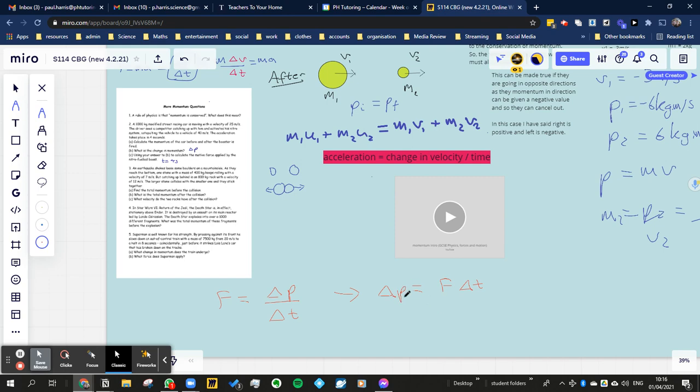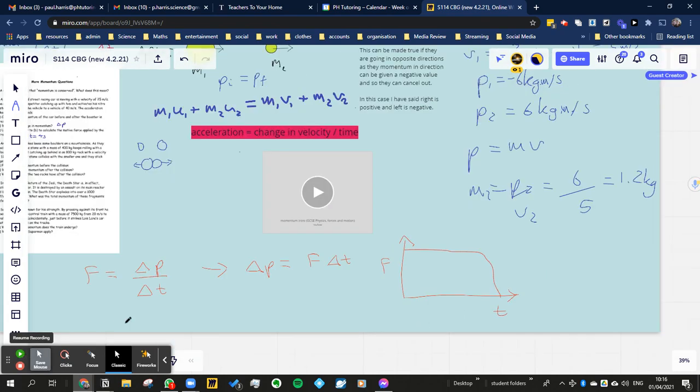That's the definition of it. How would we actually apply this? Well, we might look at some questions in a moment, but often the way this is talked about is that what this diagram is saying is that as time goes along, there's a force applied to something.